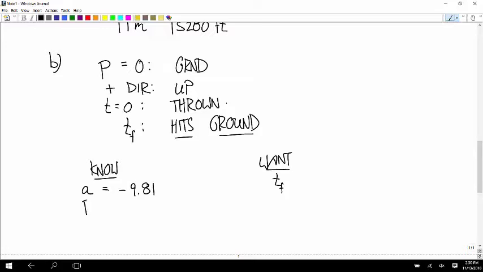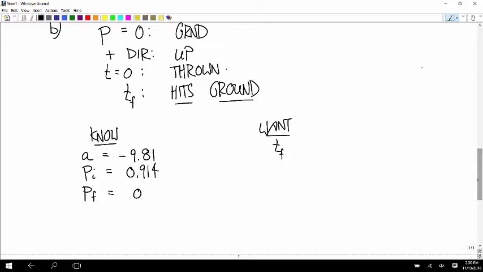We still know the initial position is 0.914. This time P final isn't what we got in part A. P final is the ground, which is 0, since I put my 0 at the ground. V initial is still 8.94. V final, we don't know anything about.